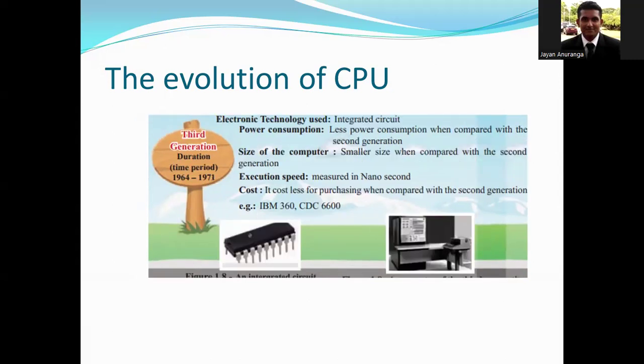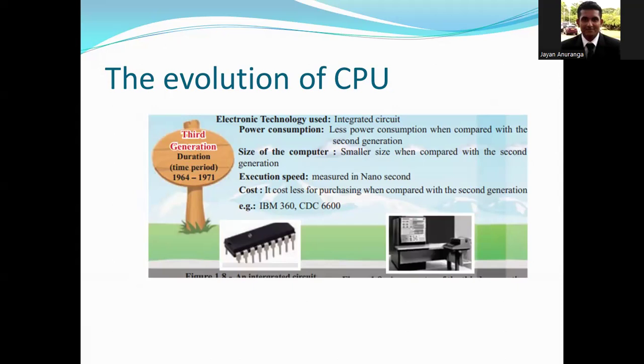The third generation, with the invention of the integrated circuit, the time period 1964 to 1971. The electronic technology used is the integrated circuit. Power consumption: less power consumption when compared with the second generation.